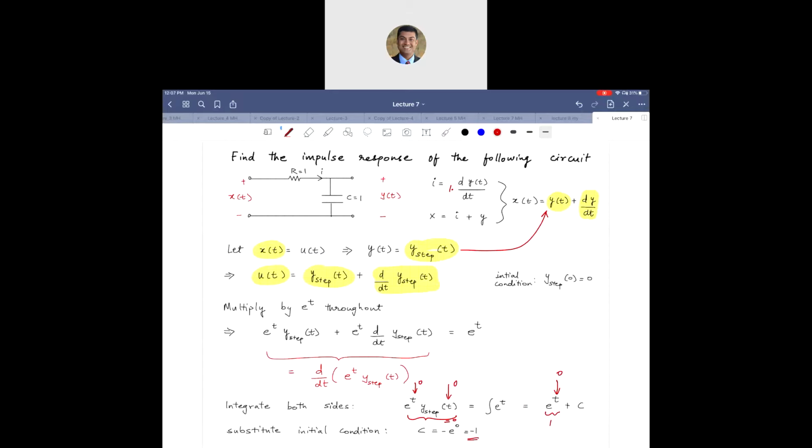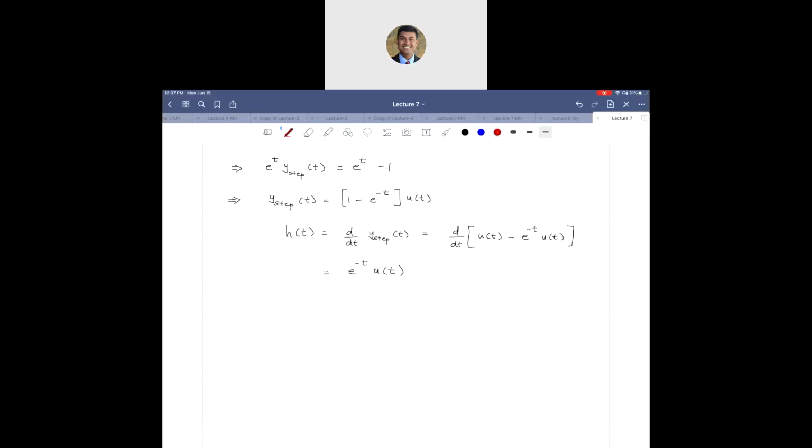Now combining all these statements, you can write e raised to t y step of t equals e to the t minus 1, where the 1 is essentially the constant c that we evaluated just now.